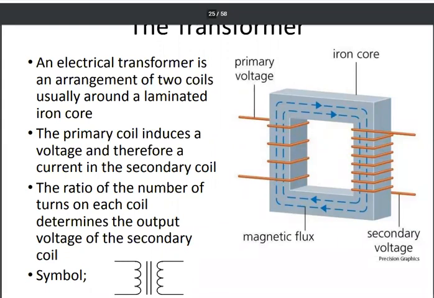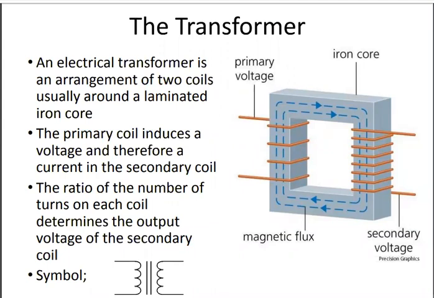Therefore, transformer is very useful and works for alternating current because alternating current is continuously changing, either in magnitude or in direction or both. So it is continuously changing both in magnitude and direction. Its direction changes periodically and magnitude is continuously increasing and decreasing.